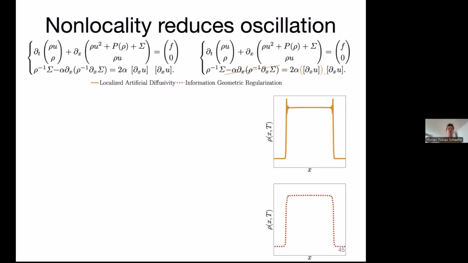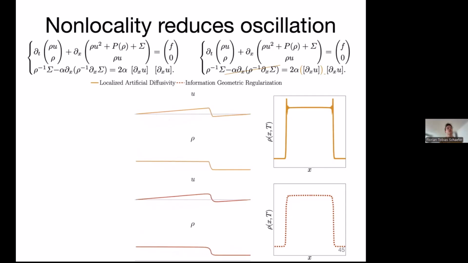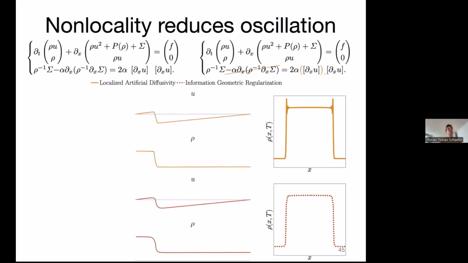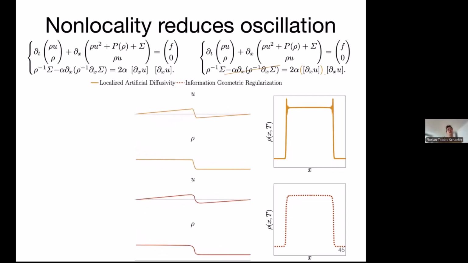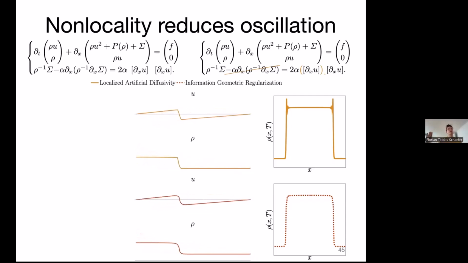So first of all, the non-locality is what allows us to get these smooth solution profiles. If you remember before, we saw these kinks in the solution profiles of these local viscosity-based methods. And the reason we see these kinks is basically that if a gas particle is moving towards the shock, we are only telling it at the last possible moment to start slowing down.